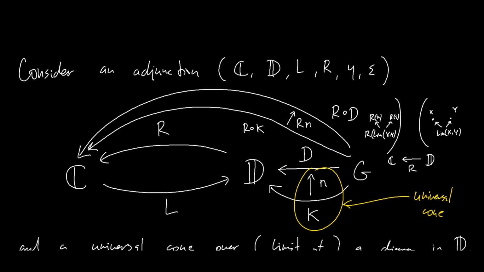However, once you've computed your limit in this category, then you can transition that computation to the other category. If you have a functor R going from there to there, which has a left adjoint, in other words, a functor that forms part of an adjunction, it allows you to use information.